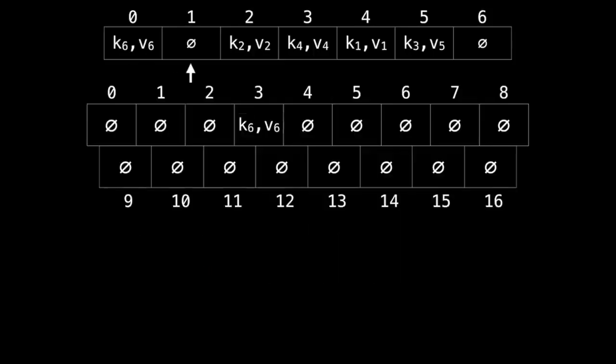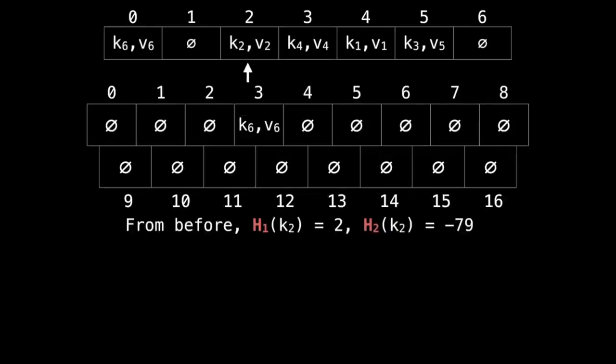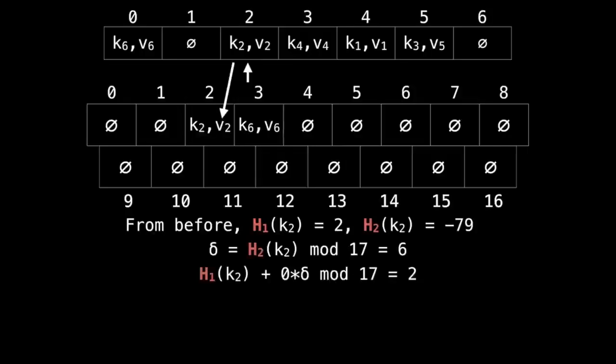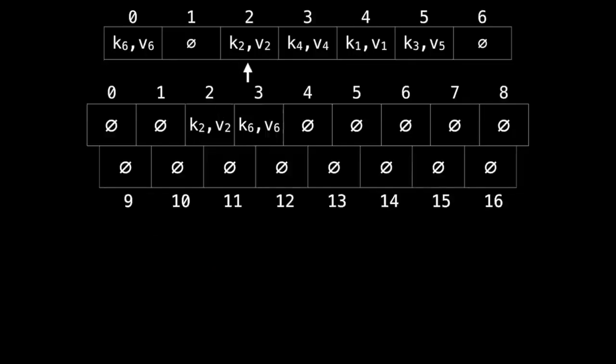Next up, nothing in position 1. In position 2 we have k2, so the hash value for k2 is 2 and the secondary hash value for k2 is negative 79 from before. So we compute delta to be 6. So we're going to insert that at position 2 with no collision.